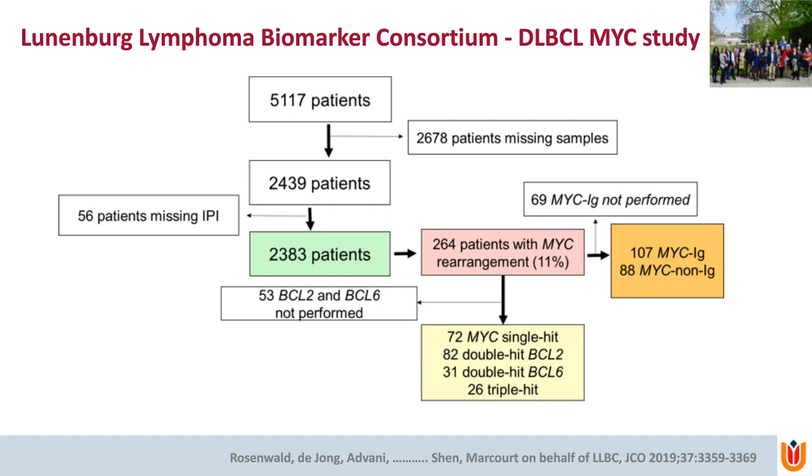Those split out: about 11% had a MYC translocation, and those again split out per IG, non-IG partner, and MYC as a single alteration, MYC single hit, versus MYC double and triple hit in combination with BCL6, BCL2, or both.